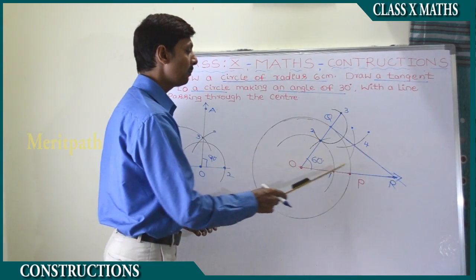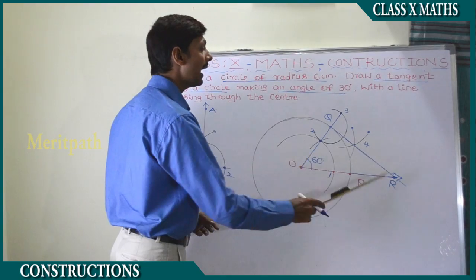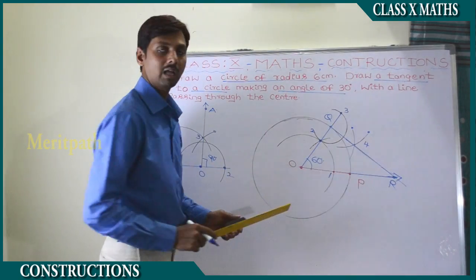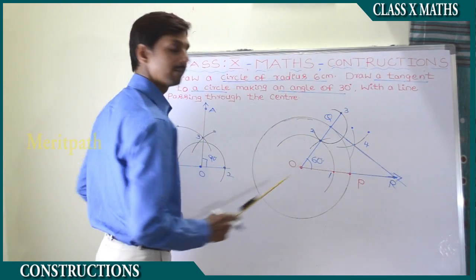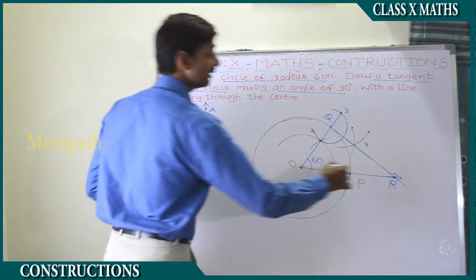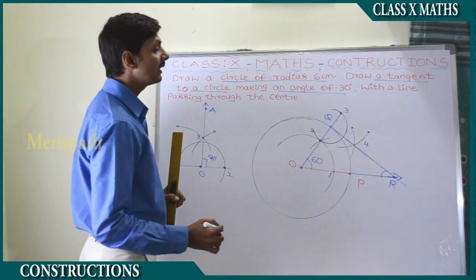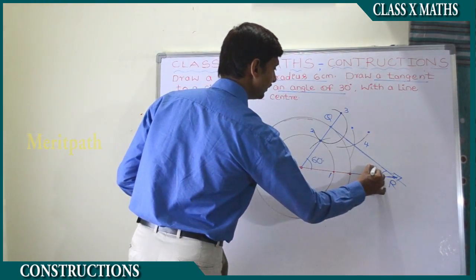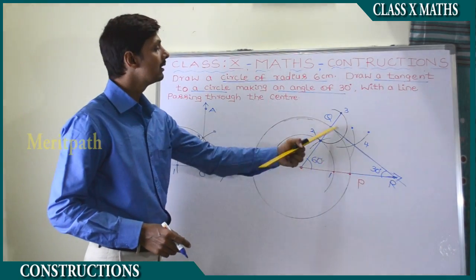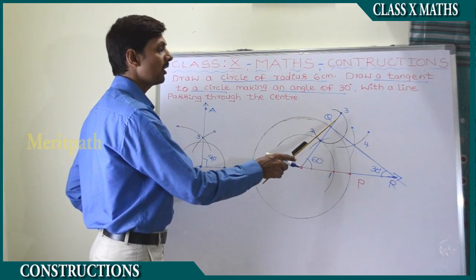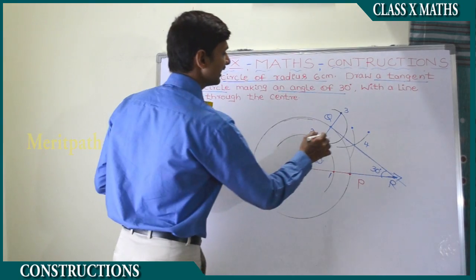And then OP is extended, this line, and Q4 is extended. These two are intersecting at R, and then it made an angle, and the measure of the angle is nothing but 30 degrees. The reason is we made here 60 degrees, and then from the center to the point of contact on the tangent, it's nothing but 90 degrees.